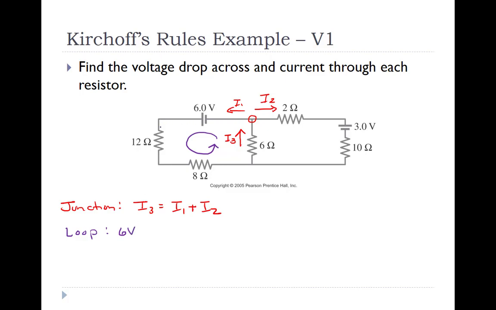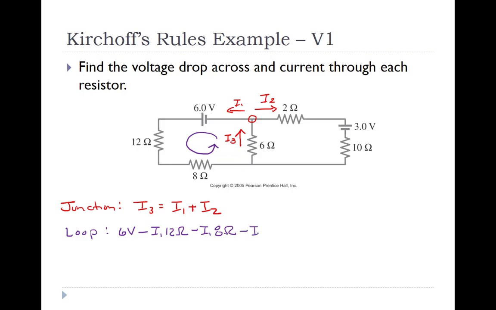I then follow I1 around. It goes through the 12 ohm. It goes through the 8 ohm, both of those following the current. So I subtract I1 times 12 ohms. I subtract off I1 times 8 ohms. I hit the second junction. This loop is only in the left-hand side of the circuit, so I'm going to turn and go up. And my loop and I3 are in the same direction as I go through the 6 ohm.